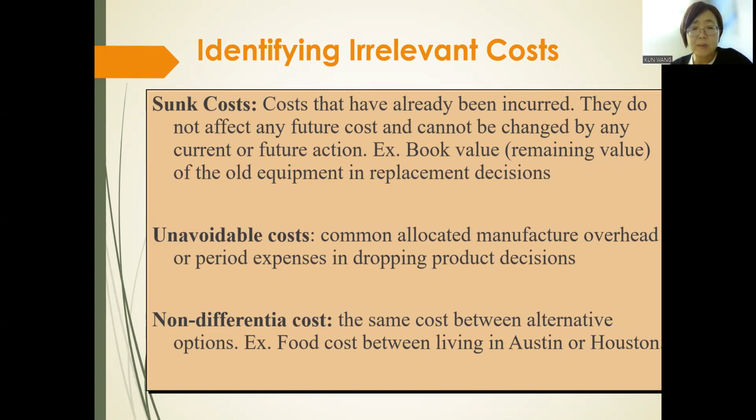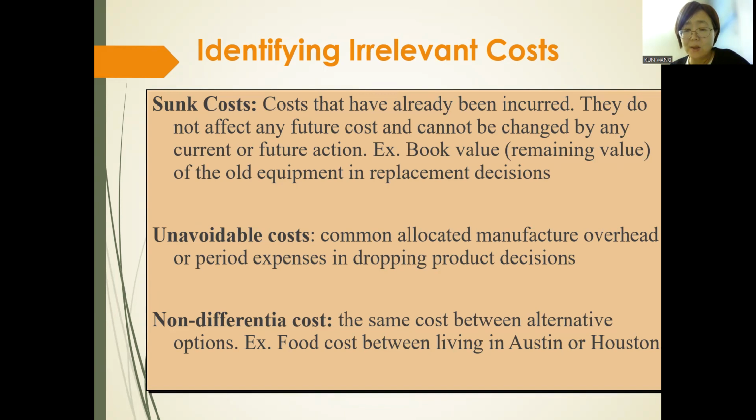Also, unavoidable cost, which normally refers to the common allocated overhead cost when you're trying to make a special order decision or drop a product line or keep a product line, will be irrelevant in the decision-making process because this common allocated overhead is a fixed cost.